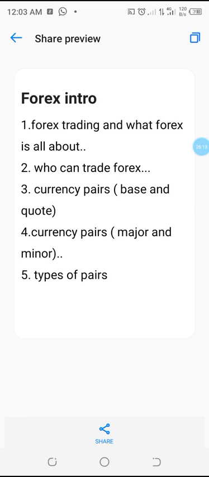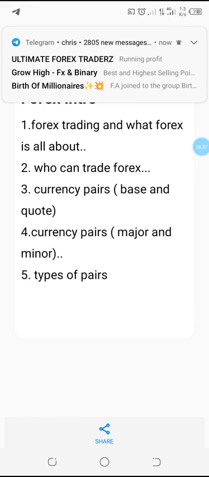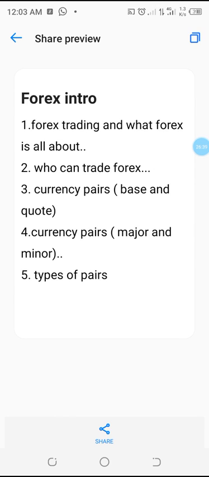The first topic was trade, the exchange of a currency over another, the exchange of a commodity over another. Number two, who can trade forex? I said anyone can join the market because, number one, it's decentralized. You don't have a place, it's not a company. Anyone can participate. It's not owned by anybody.